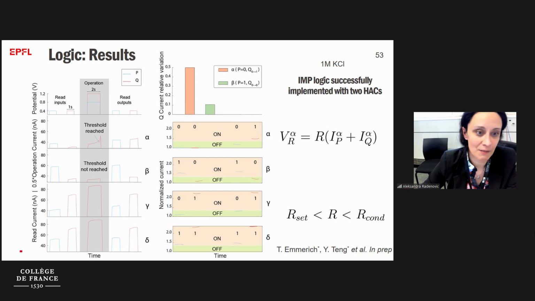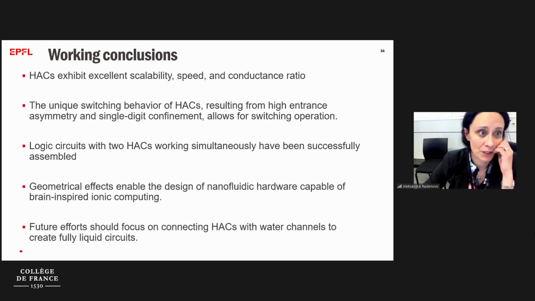And basically, I would just like to finish with the working conclusions. So we have stability for the highly asymmetric channels, scalability, speed, and improved conductance ratios. We have this unique switching behavior in hacks. We could build the logic circuits. We could also simulate those logic circuits.